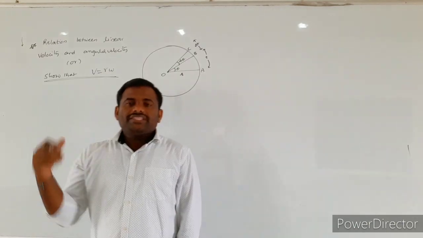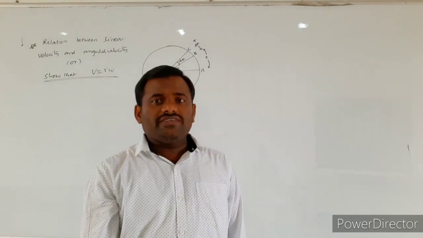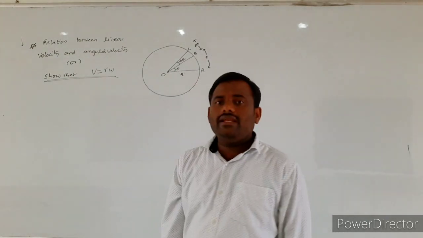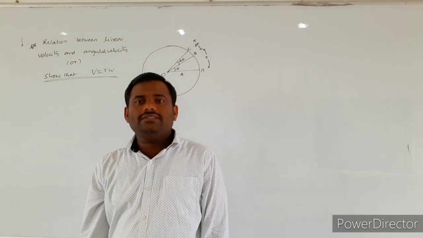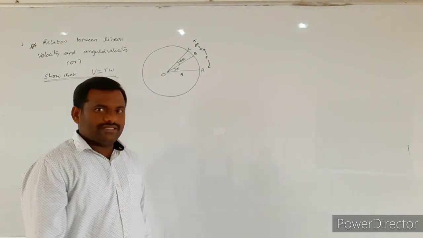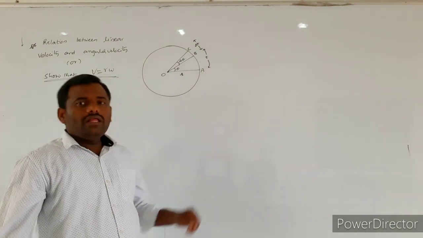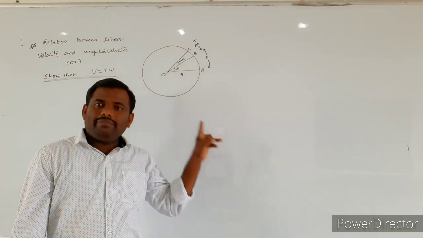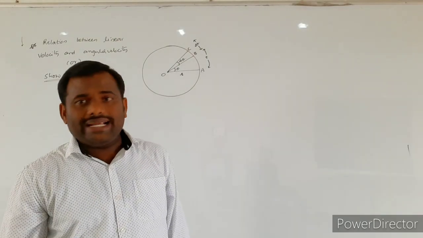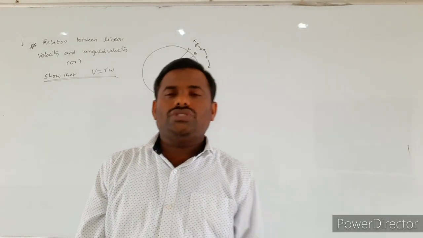Okay. Next, a very important question for the 3 marks question. That is the relation between linear velocity and angular velocity. Suppose any one particle is revolving in the circular motion.